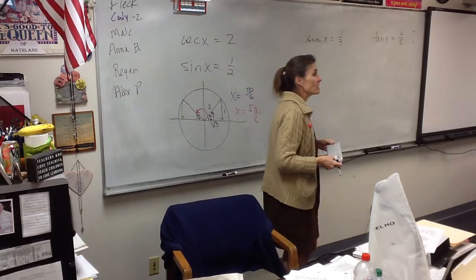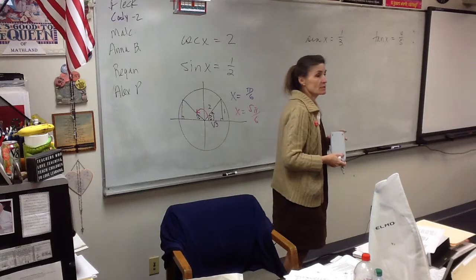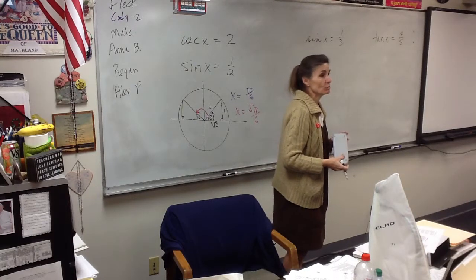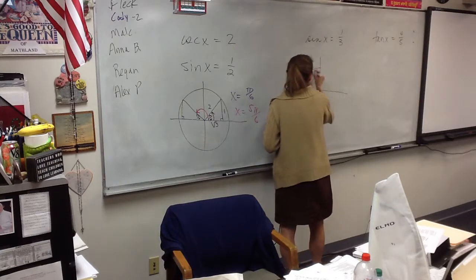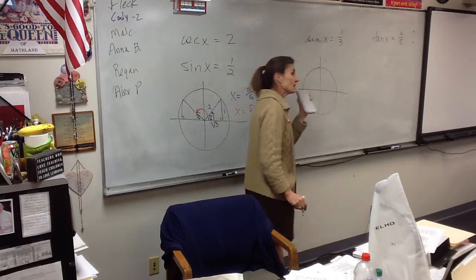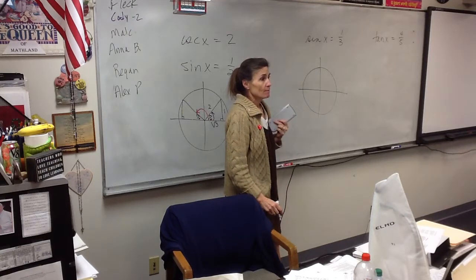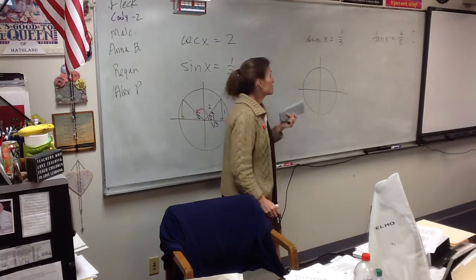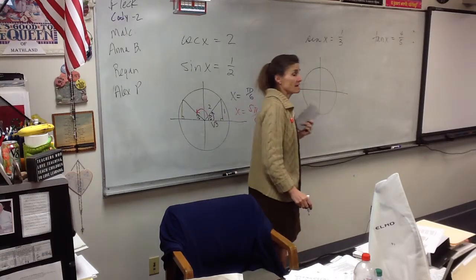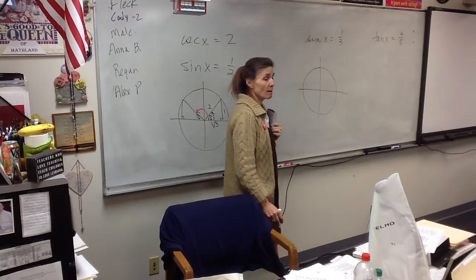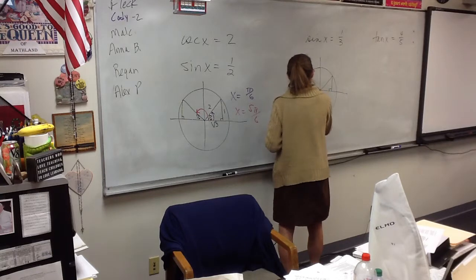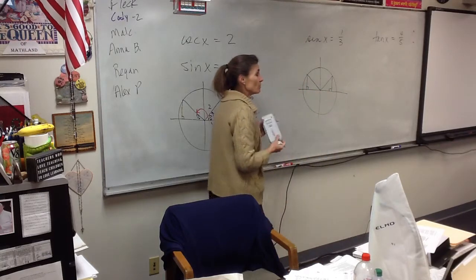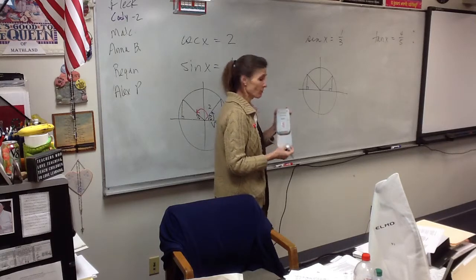Now, even though we are using a calculator, there's still part of this problem you have got to do by yourself. And that is, you've got to figure out where your answers are going to be. Your calculator is going to give you the angle that you need, but you've got to figure out where that angle is, okay? So once again, we have a positive sine. Where is the sine positive? 1 and 2. So there are going to be 2 answers to this problem. Your calculator is going to help you find them, but you still have to do this work on your own.